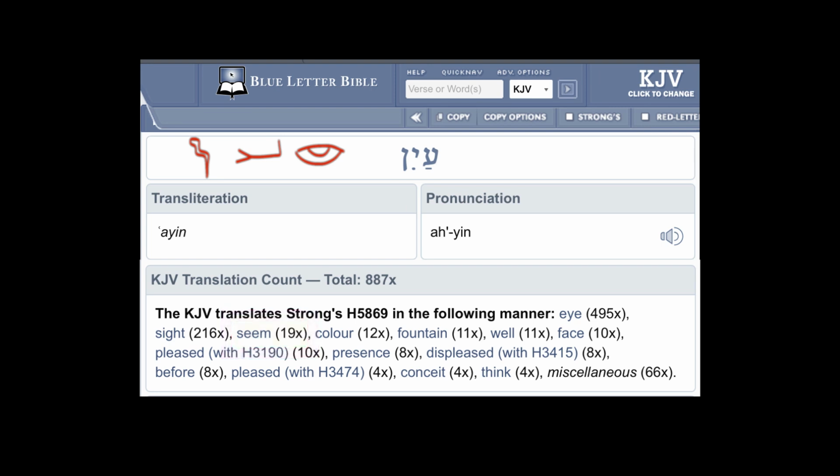It's used for pleasing and also displeasing, the way things are perceived unto the eyes. One thing that surprised me is fountain. The eye of a fountain, and to them it isn't just a fountain; it's the eye of the fountain that counts because the water can get polluted really quick. The eye of the spring is the most important part, where you get the pure water.